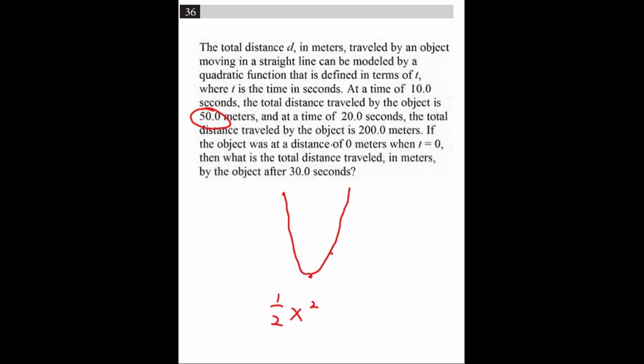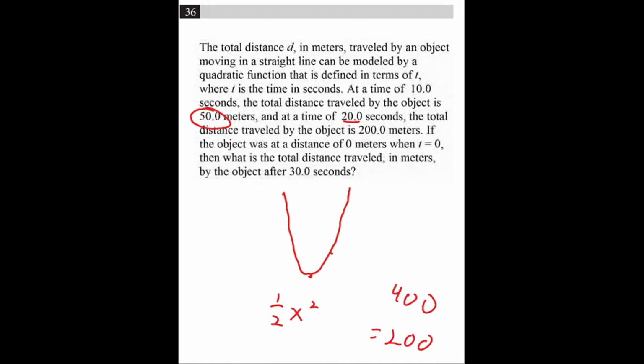And then we can also use 20 seconds to check. So if we do 20 squared, we would get 400, divided by 2 would get us 200. And yep, that's correct, because in this case we want 200.